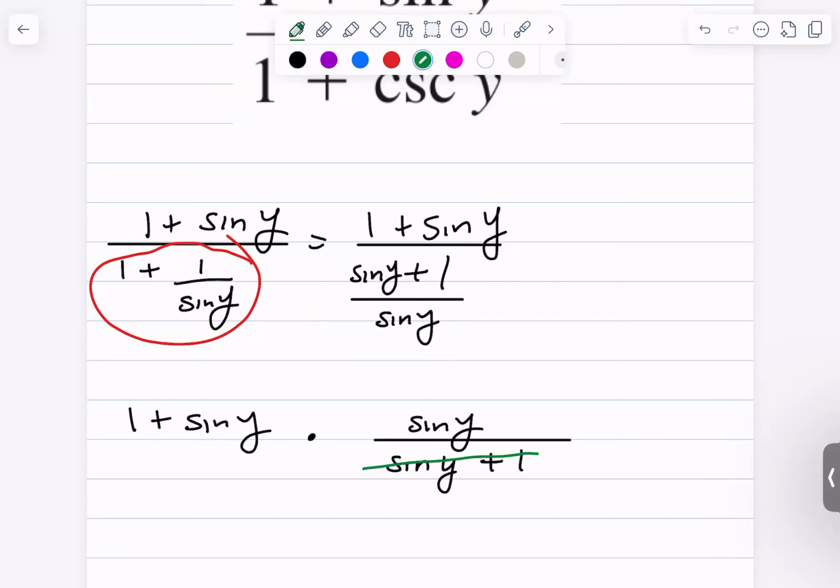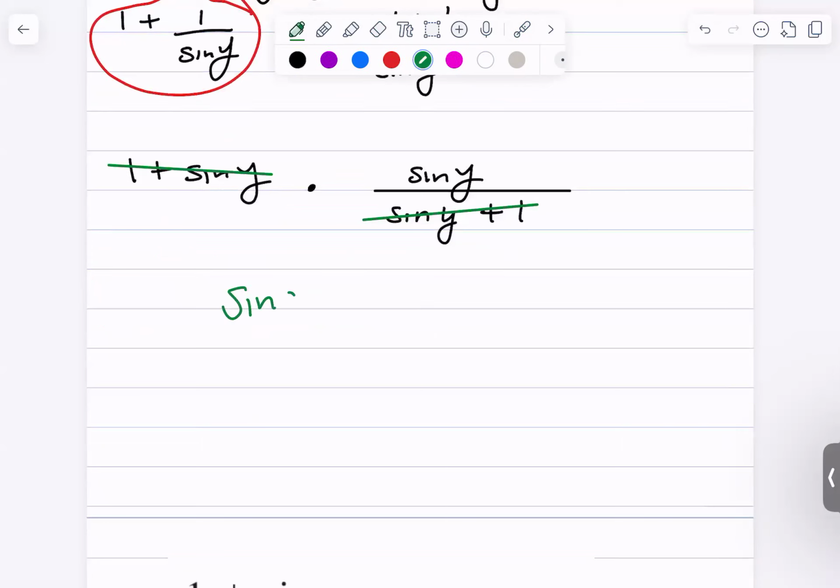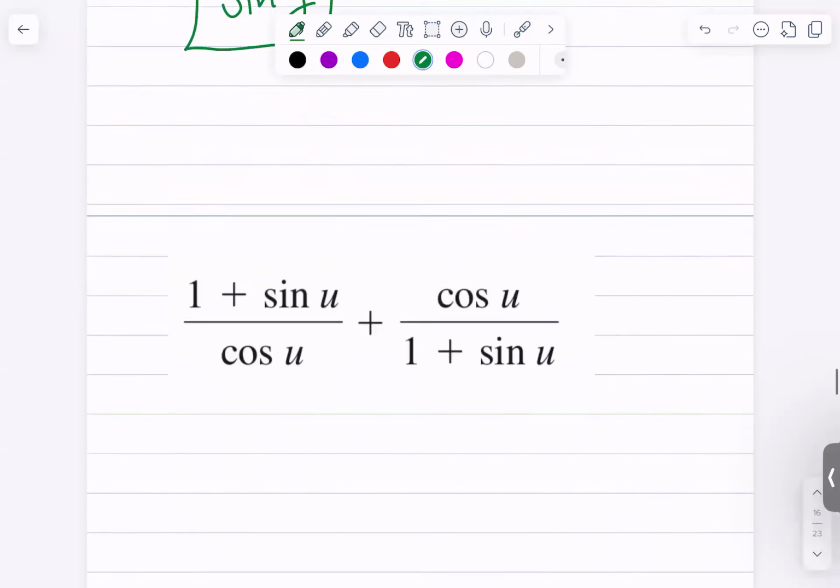These sine y plus 1 and 1 plus sine y is the same. So they can cancel out. And we're just left with sine of y. Okay? All right.